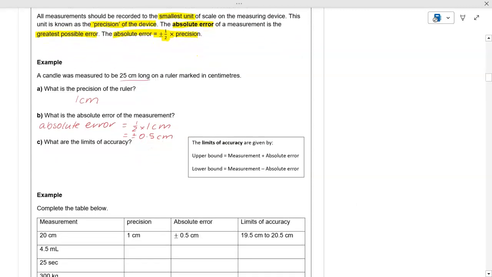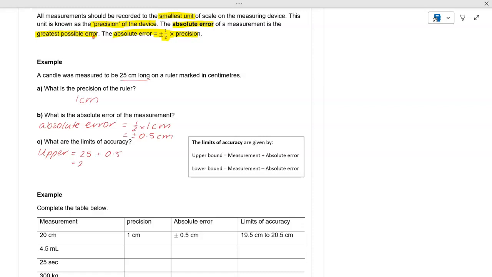What we then look at is being able to calculate the limits of accuracy. The limits of accuracy are given by the upper bound, which is the measurement that was taken plus the absolute error, and the lower bound, which is the measurement minus the absolute error. So we're using this twice. Our upper bound or upper limit is going to be the measurement, which is 25, and we're going up, so plus 0.5.